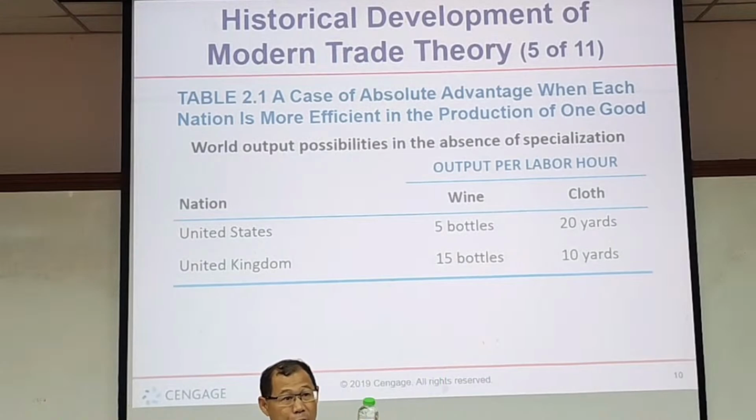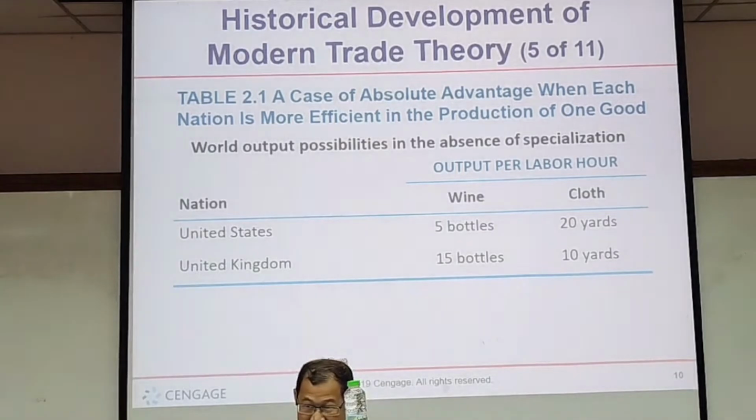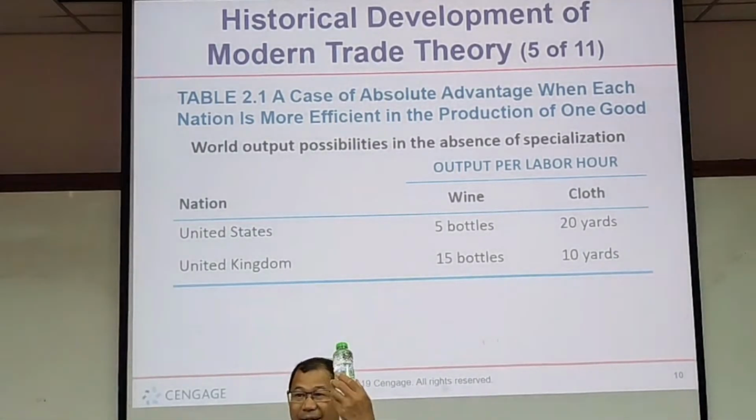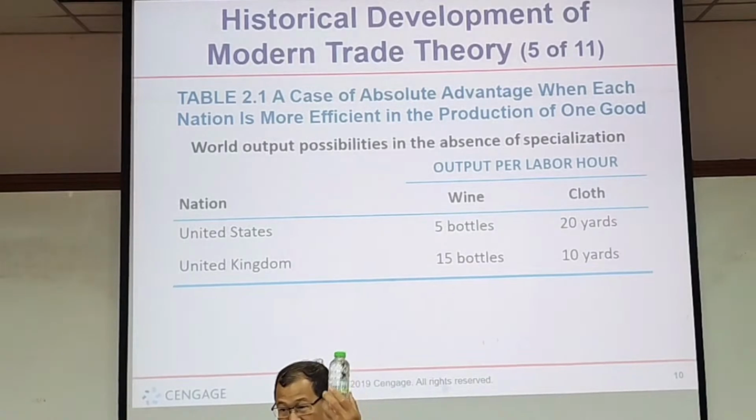Country A needs 20 people to produce this. Country B only needs 2 people to produce this one item. Country B is more efficient in this, and country B will specialize in this product.